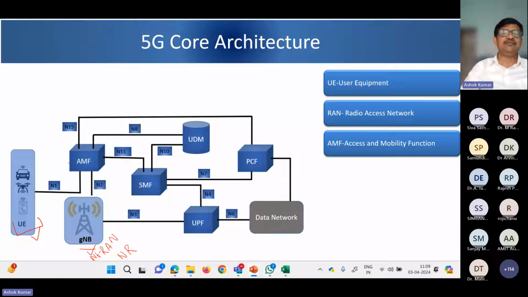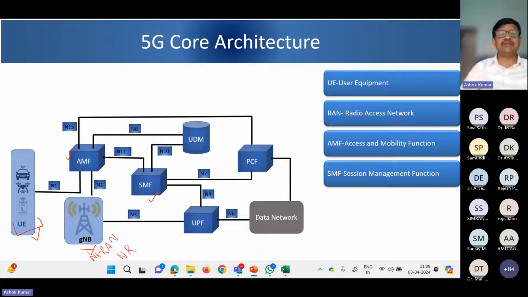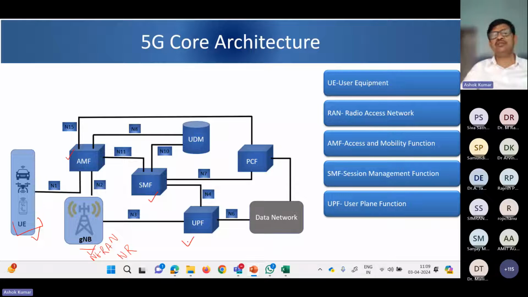Then we have AMF, access and mobility function. The full form of AMF is access and mobility function. Then we have SMF, session management function. And then we have UPF in the user data plane, which we call user plane function, UPF.